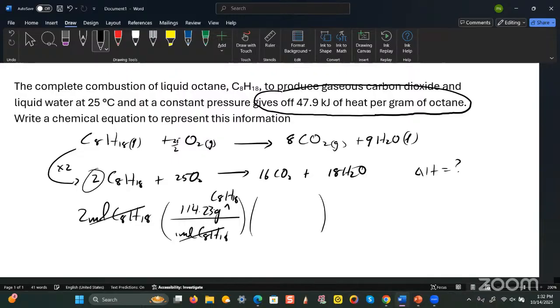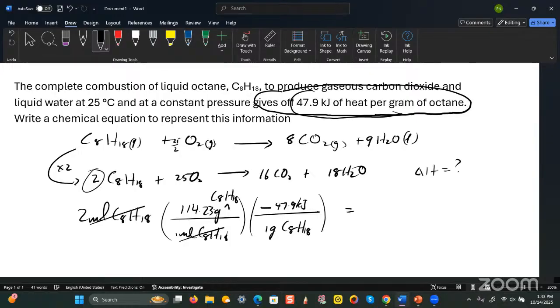And then the next conversion factor is where we utilize this information right here, right? 47.9 kilojoules of heat given off per gram of octane. So the way we represent that here is that we're going to put minus 47.9 kilojoules over 1 gram of octane.